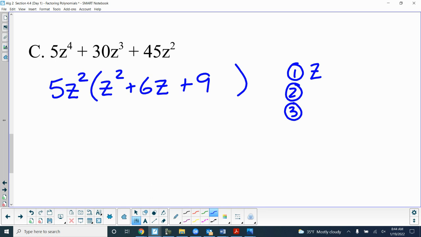Square root of 9, which is 3. What do we do to get number 3? Not add, multiply. What's z times 3? 3z. What do we look at to see if it's one of those? If the number 3 is what relationship to the middle? If it's half, right? Is 3z half of 6z? Yes. So it's one of those special trinomials, those trinomial squares.